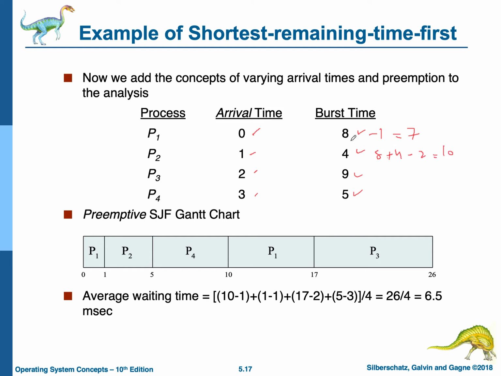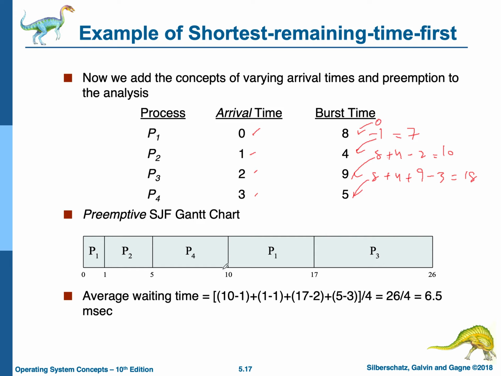P4 has to wait 8 plus 4 plus 9 minus 3, because it arrived at 3 seconds, so 18 seconds. Actually, sorry, this is 0 wait time for P1, 1 wait time for P2, 2 wait time for P3, 10 wait time for P4, and so on.